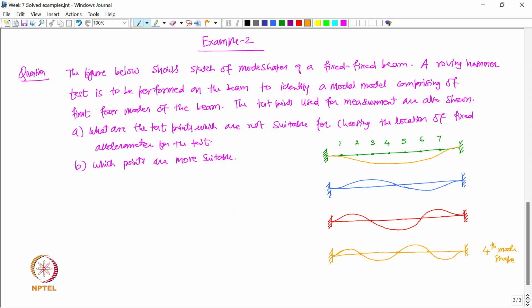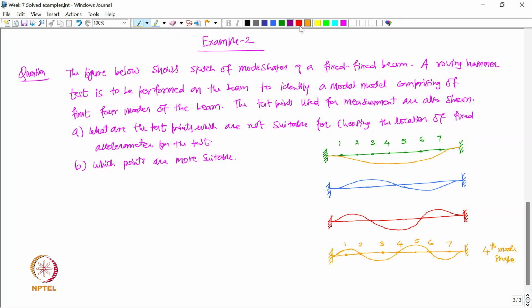Let me also show the points here, the test points. So, again if I number them 1, 2, 3, 4, 5, 6, 7, right.